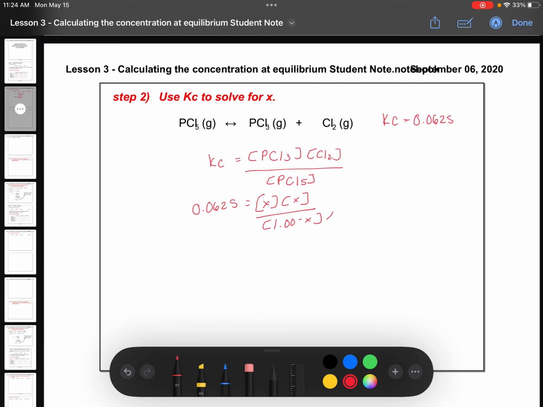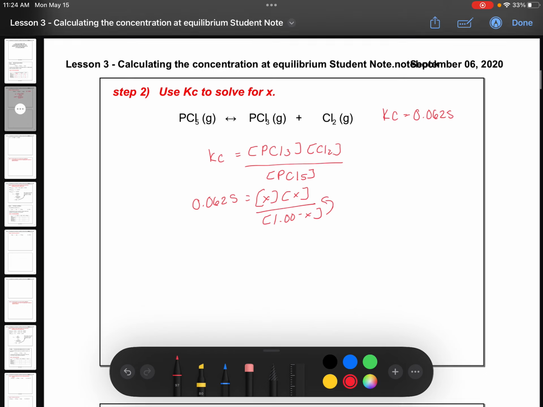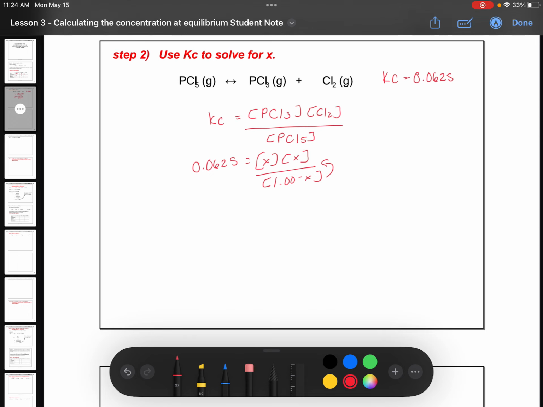From there, if we were to expand this out, make sure we get everything organized, we have to multiply what is our denominator by everything on both sides. So we're going to multiply both sides by 1.00 minus X, which is going to give us nothing on the right-hand side. It's just going to give us our numerator, which was X squared, because X times X is X squared.